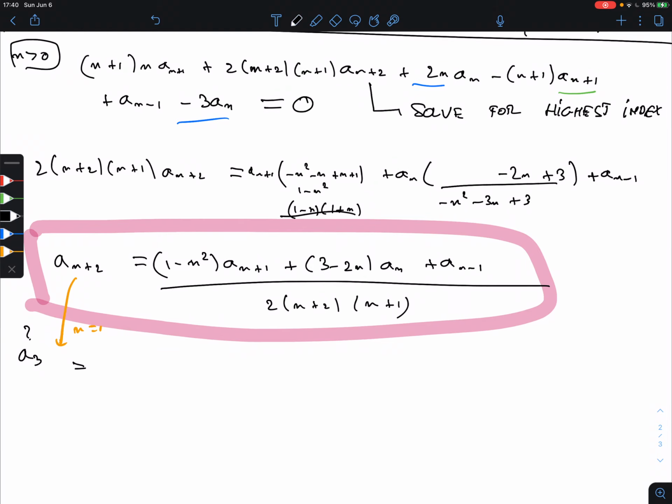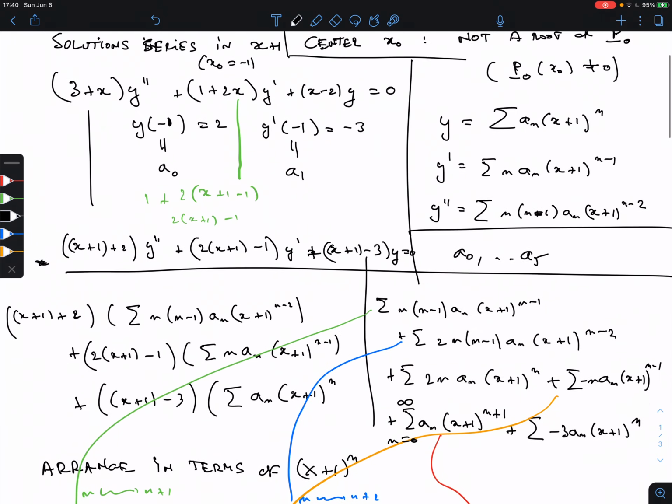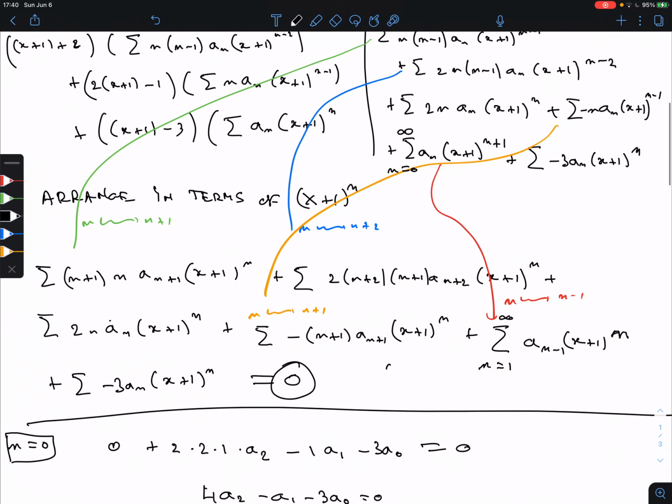The first, 1 minus 1 squared, is 0. Then we have 3 minus 2, that would be just A1, right? I'm plugging 1 in. And here I plug in 1, that is A0 plus A0, and divided by, in the bottom I get 2 times 3 times 2. Now I know what A1 and A0 are. They are respectively 2 and minus 3.